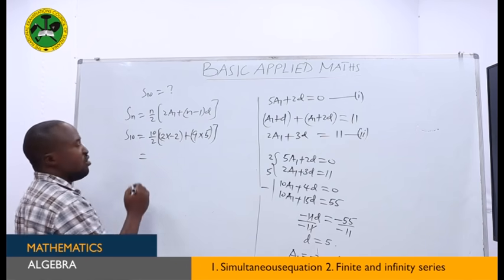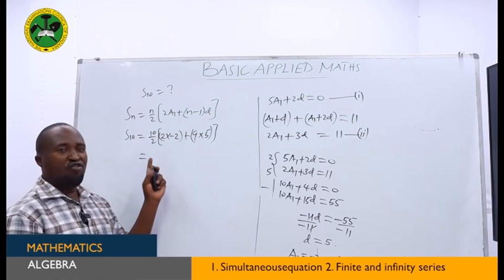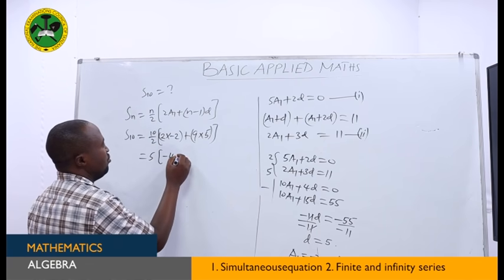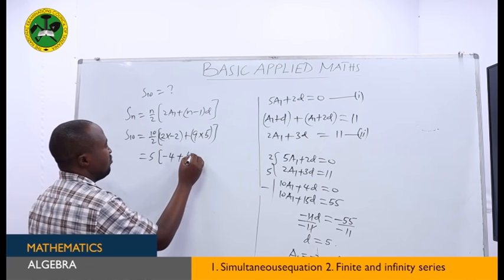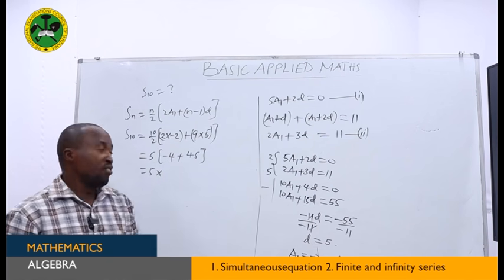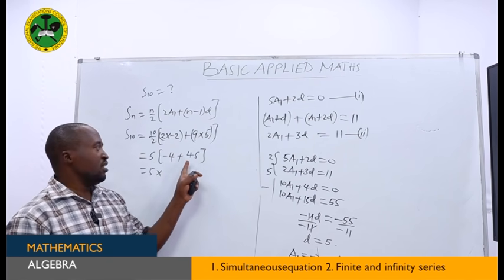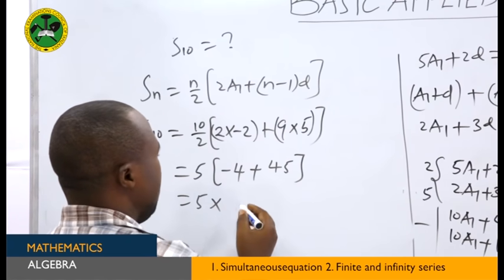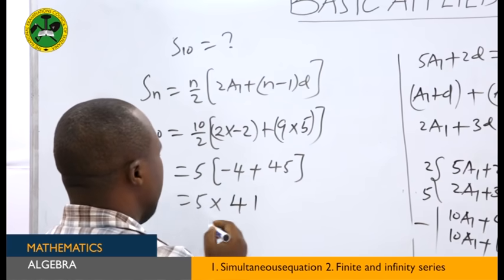So my dear student, we are going to have 10 over 2, that is 5, then we have negative 4, then plus 45. So that is 5 times, negative 4 plus 45, that will be 41.